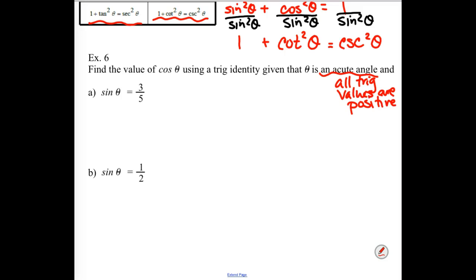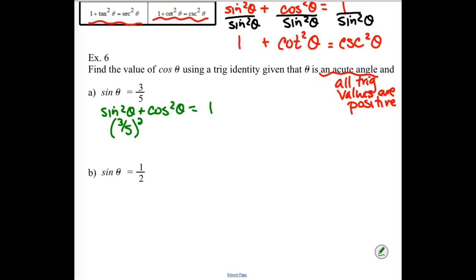All right, we're going to start with our Pythagorean identity that says sine squared plus cosine squared equals 1. We know that the sine of theta is 3/5. And if I want to square sine theta, I just have to square 3/5. That would be sine squared.